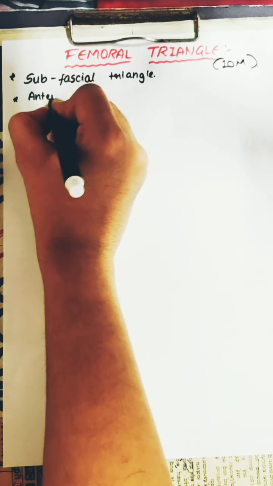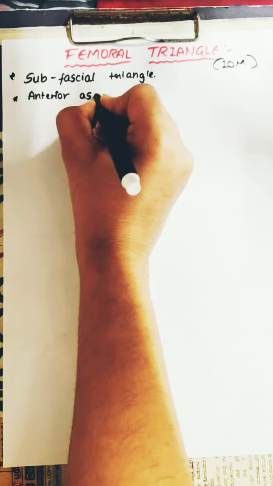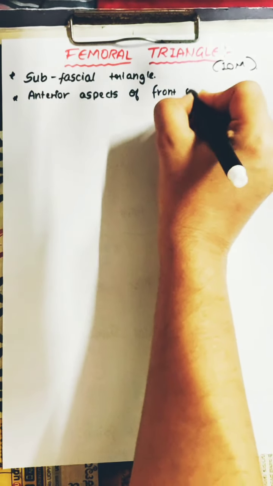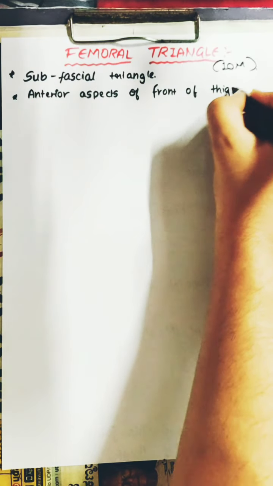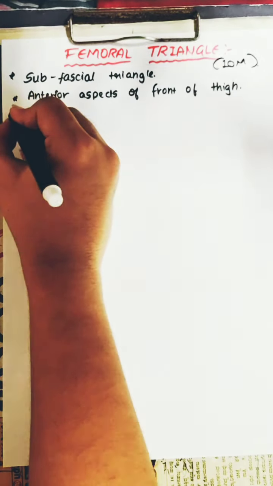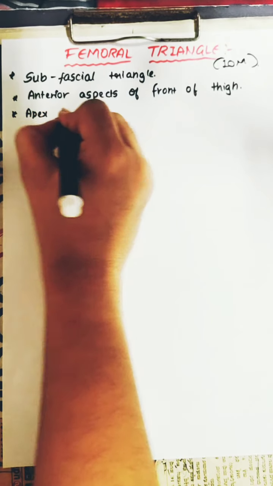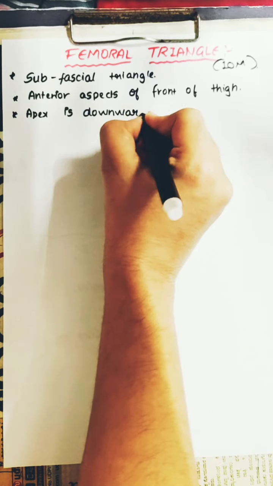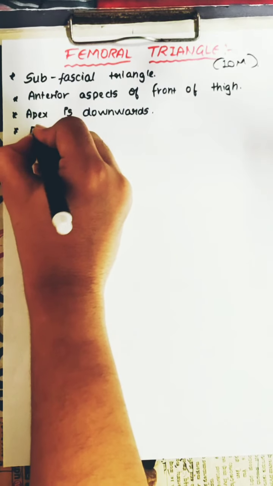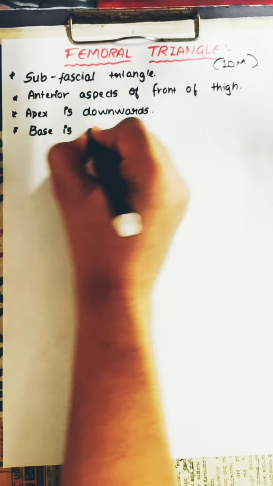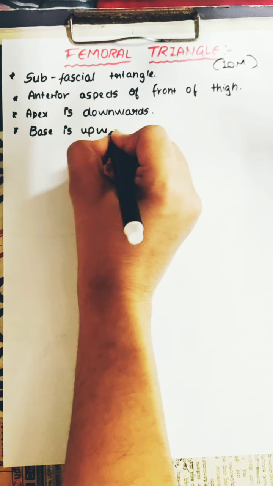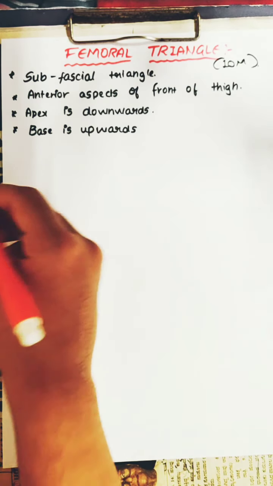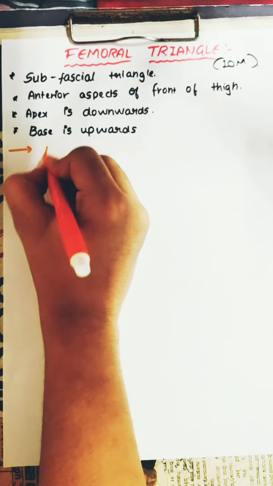On the anterior aspect of the front of the thigh. The apex is downwards, the base is upwards. So finally we'll see about the boundaries of the femoral triangle.